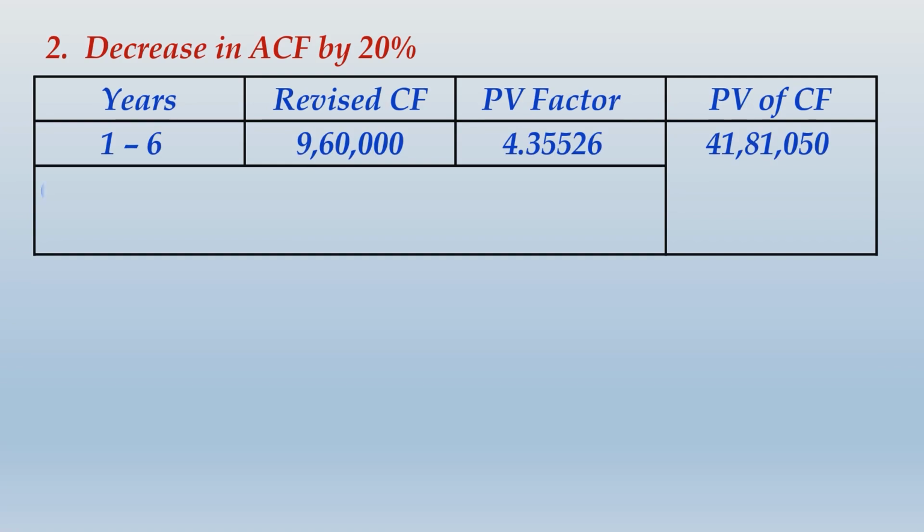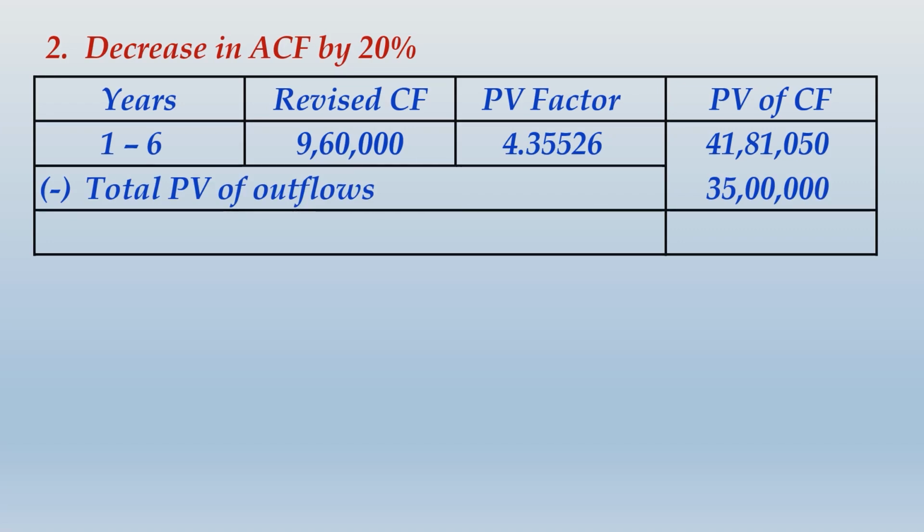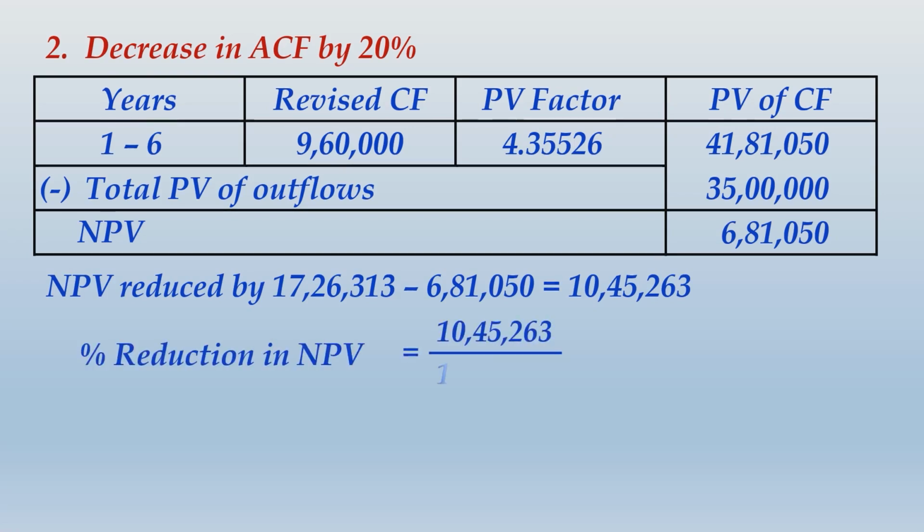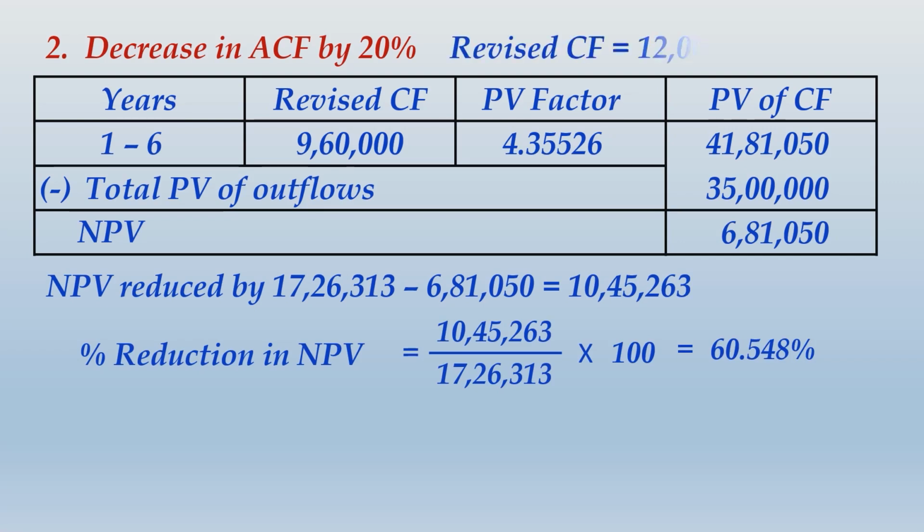Other things remaining the same, your NPV comes to 6,81,050, and the reduction in NPV is 10,45,263. Percentage reduction in NPV would be 60.548%, or you can also write 60.55%.